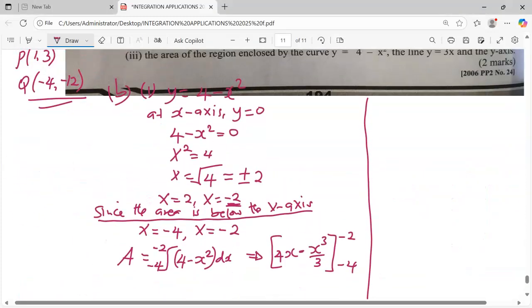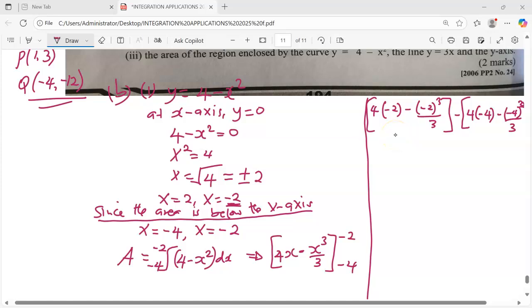We can proceed. So this one is going to give us -8 minus, that is plus 8 over 3, minus, we are going to have -16 plus 4 to the power 3 will give us -64. That is minus minus, we will have 64 over 3.